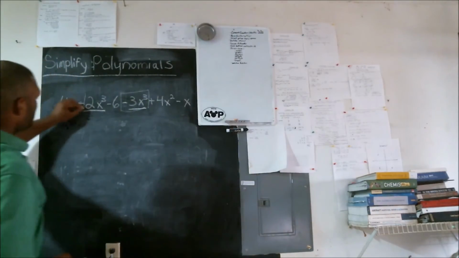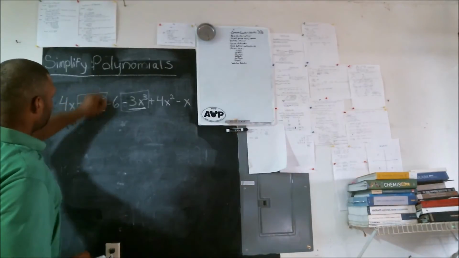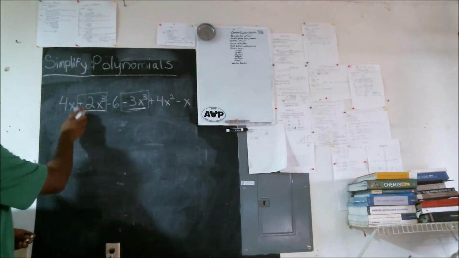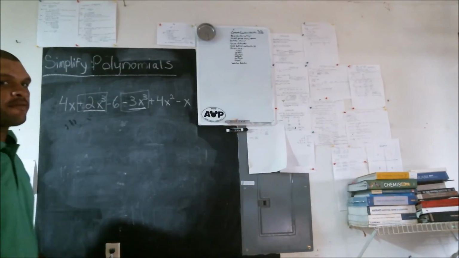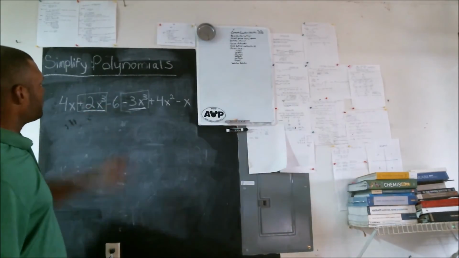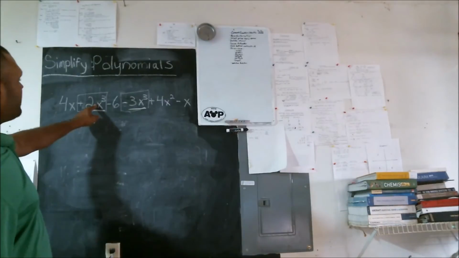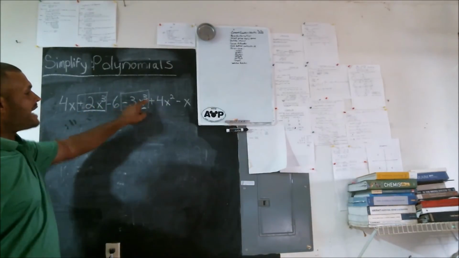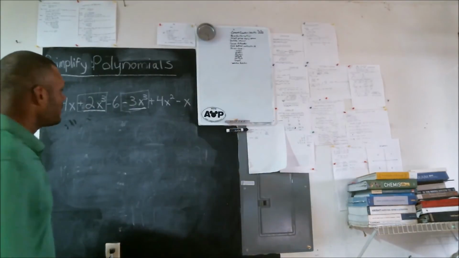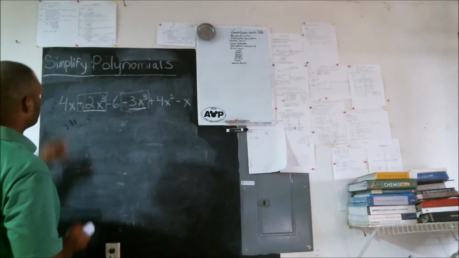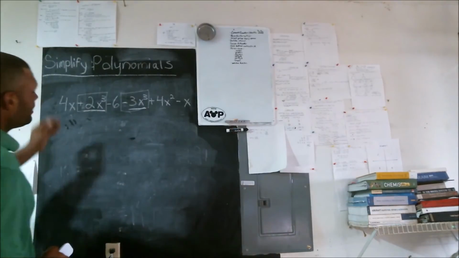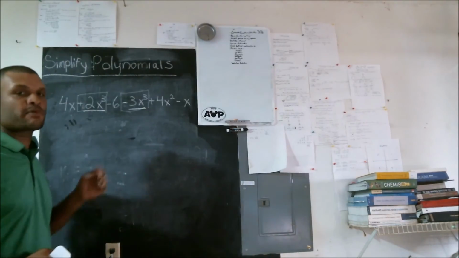These signs define our term and define what we're going to do. So when we bring this down, we're going to take the positive 2x cubed and subtract 3x cubed from that. We want to bring everything down at the same time, keeping everything in the same line and rewriting the expression each time.